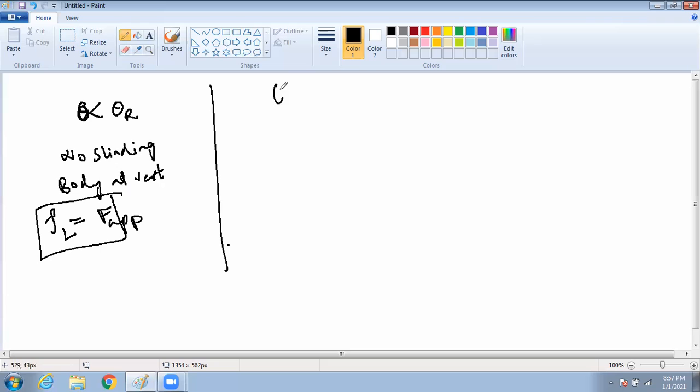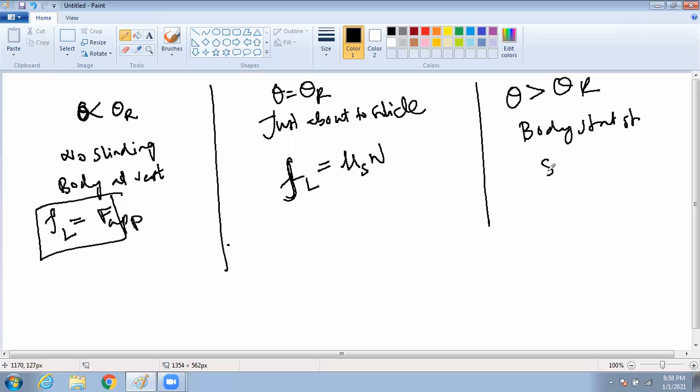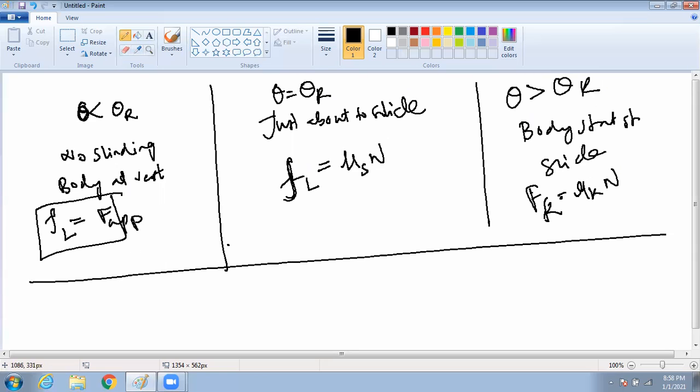Next case: if theta equals theta r, the body is just about to slide, and here your limiting friction FL equals mu s into N. And if theta is greater than theta r, the body starts to slide and your Fk equals mu k into N. Write this down. Very, very important.